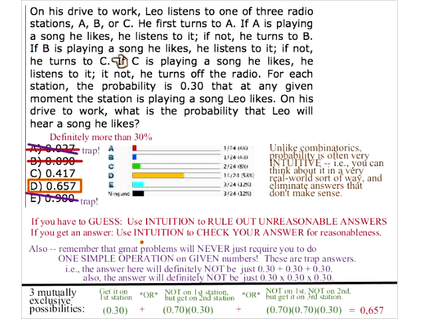But yeah, if you get a song you like, then you're done. But that's why this is just 0.3. That's why you don't have to worry about the other cases here, because if you get either of these cases, you don't bother with the third station because you're done. You got the song you like, so you don't proceed through the stations in these outcomes.